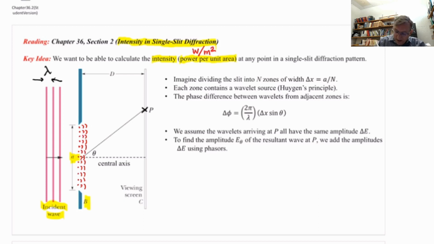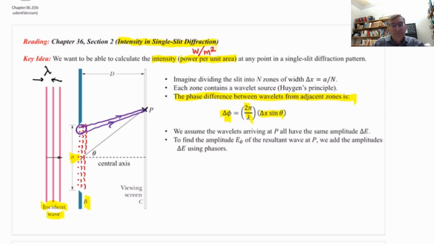Now, the phase difference between wavelets from adjacent zones, so maybe these two, for example, at the point P, right? So there's a ray, and there's a ray, nearly parallel. The phase difference between those wavelets from adjacent zones is because they traveled slightly different distances to get to point P. So the phase difference, we'll call it delta phi, between those two wavelets is 2 pi over the wavelength times the path length difference for those two wavelets.